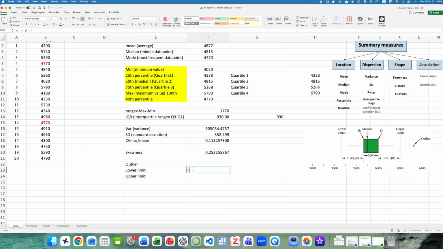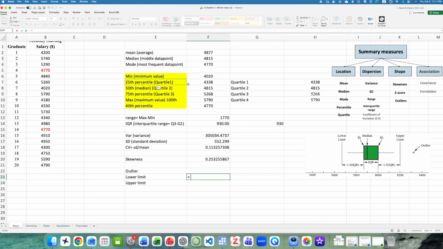Lower limit is equal to Q1, we already have it, minus 1.5 times interquartile range, which we already calculated. And upper limit is equal to Q3, or 75th percentile, plus 1.5 times IQR. Any salary value less than this, and any number more than this, is an outlier.